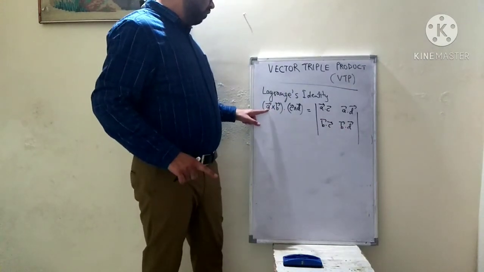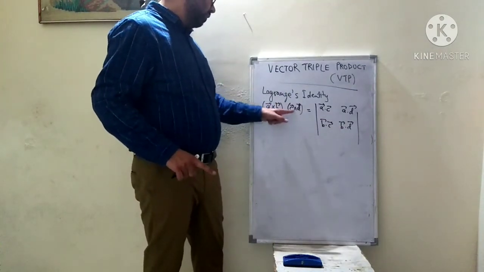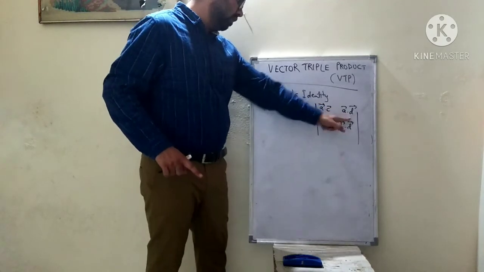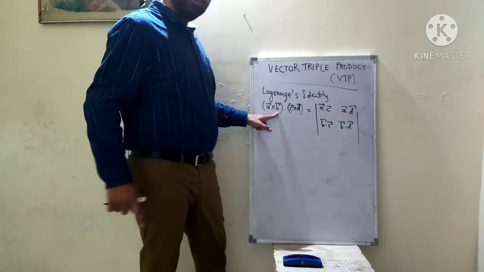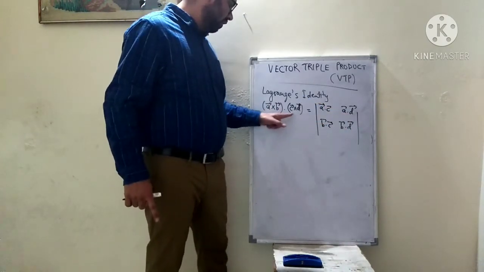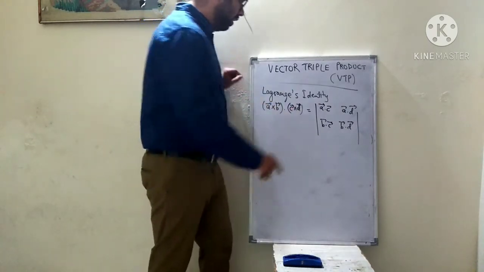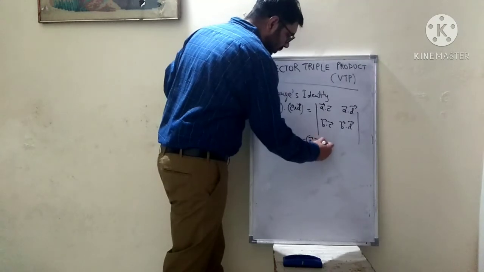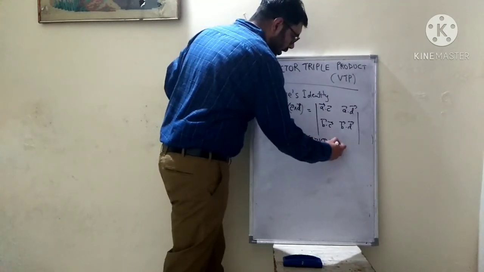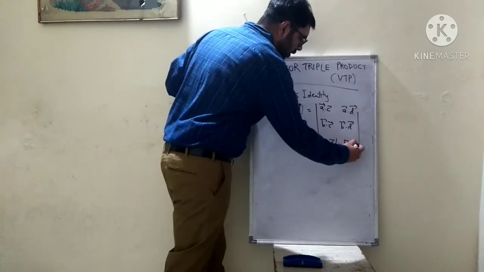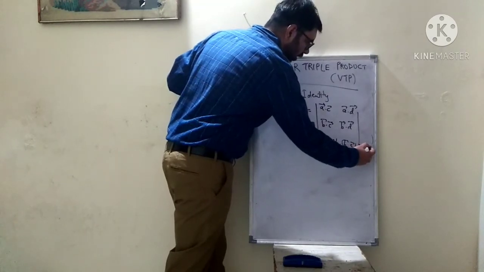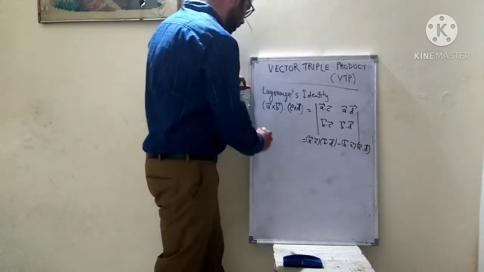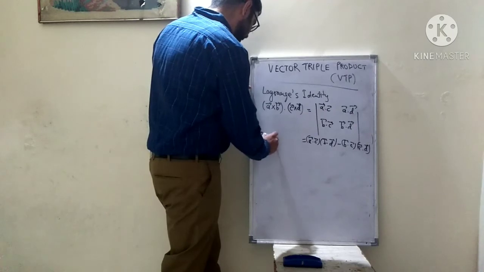First I will take dot product of the first vector with the other two vectors, which means A dot C, A dot D will come as the first row. And for the second row I need to take dot product of the second vector with these two vectors, so B dot C into B dot D. Which means on simplification we will get this: A dot C into B dot D minus B dot C into A dot D. Okay. So this is called Lagrange's identity.